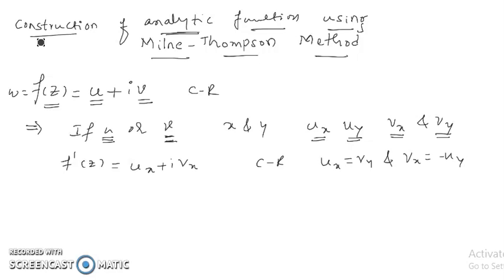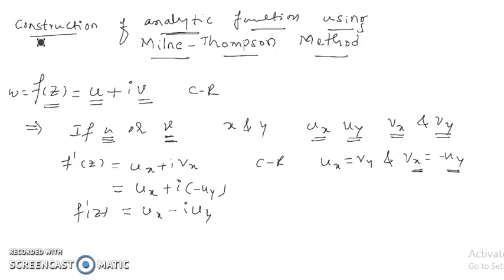So in case u is given, we are going to find u x and u y. In that case, u x we are keeping as it is, plus i v x is equal to minus i u y, that is what we are going to use here. So we will get u x minus i u y. This is f dash of z.